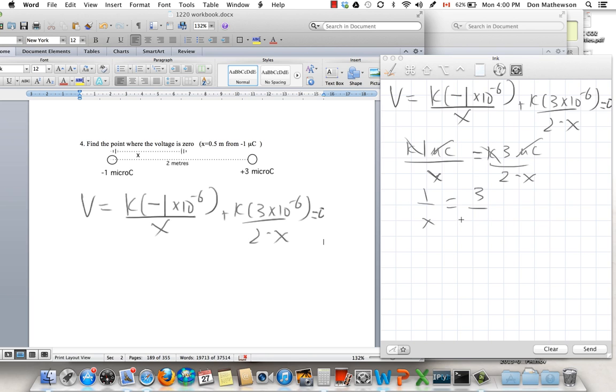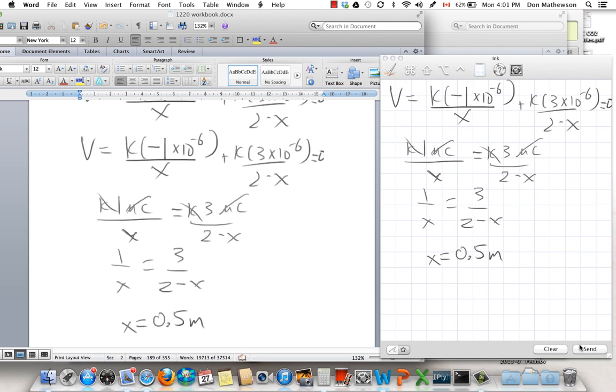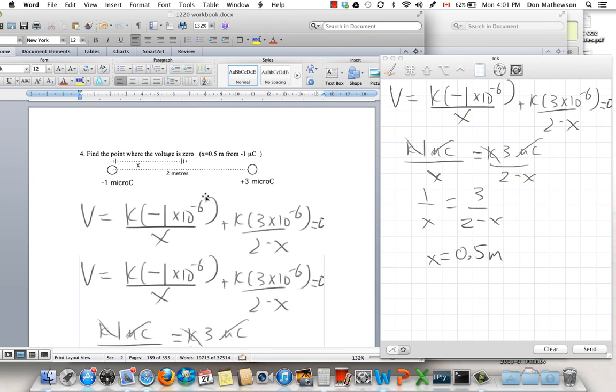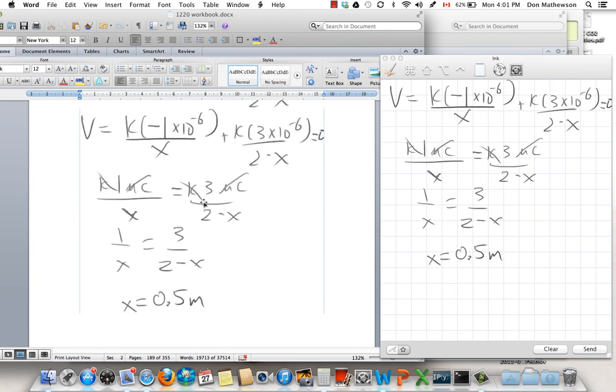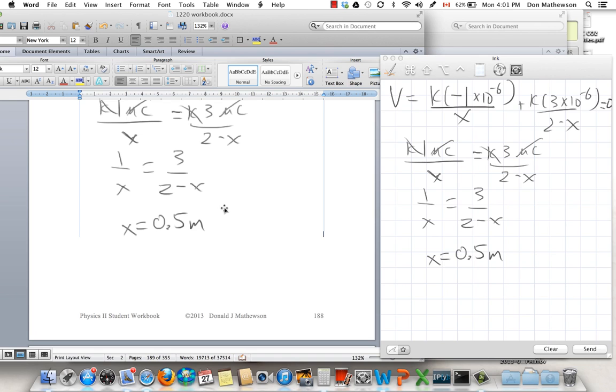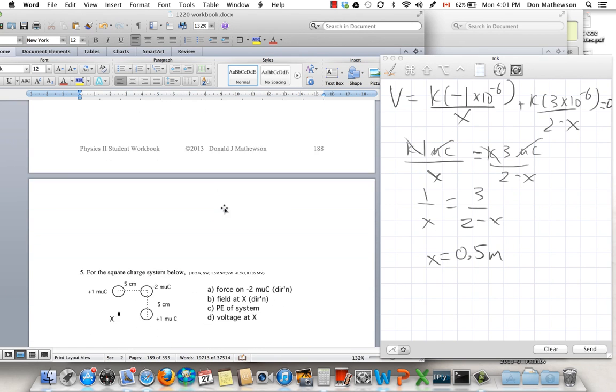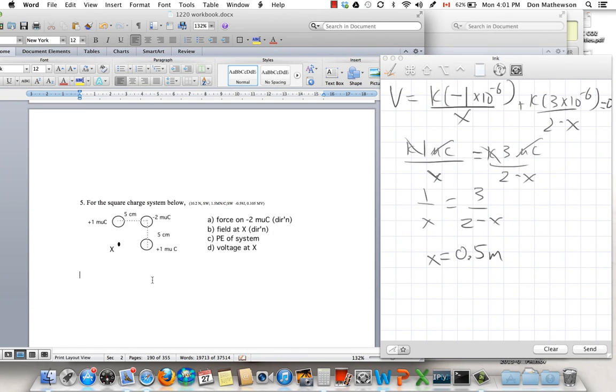So you get 1 over x is 3 over 2 minus x. Now you cross multiply and solve for x, and you should get x is 0.5, or a half. So this is a slightly different solution from what we had earlier, where we had a vector argument, where the two vectors had to be opposite to each other. Here it's just that one's positive and one's negative, and they cancel out.